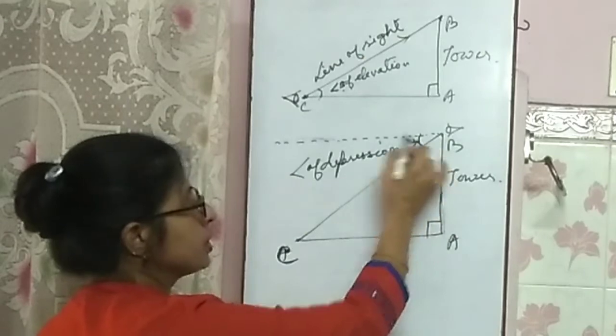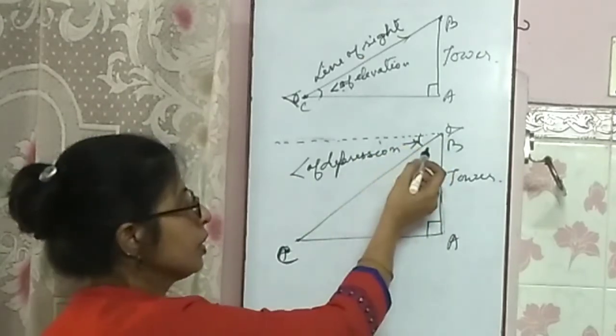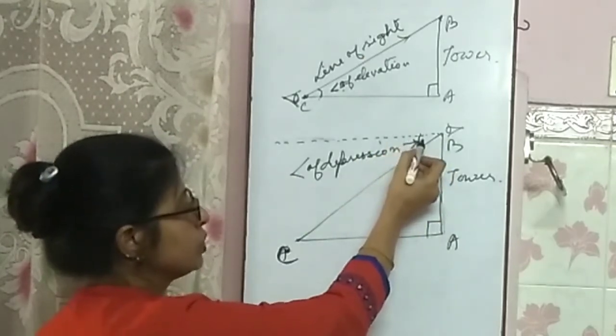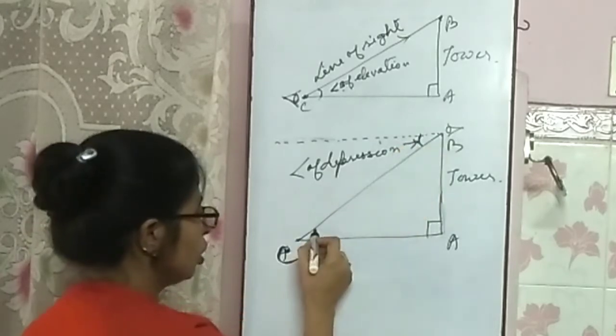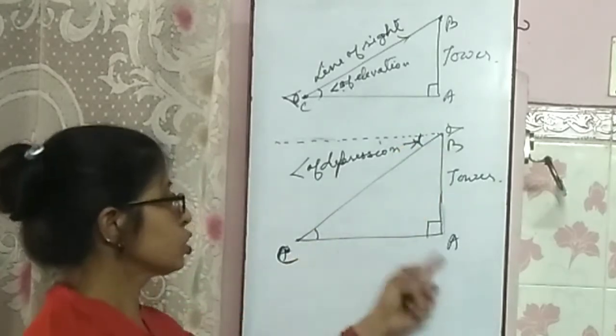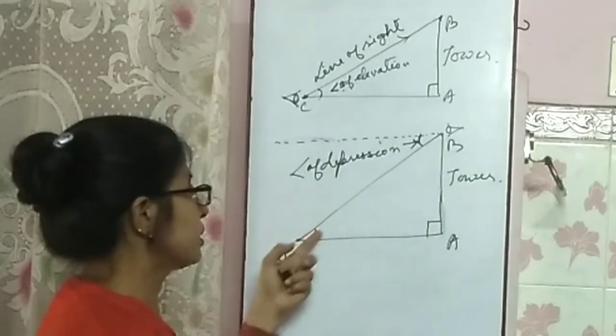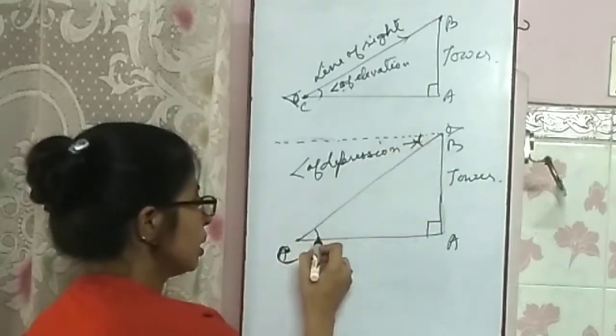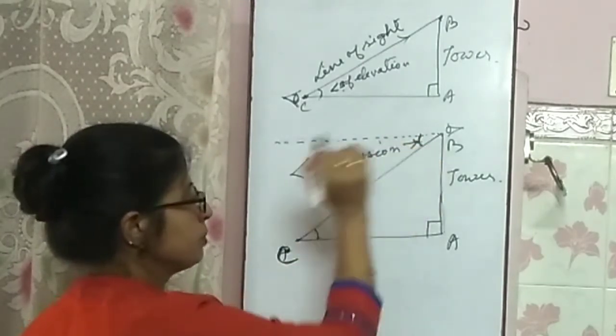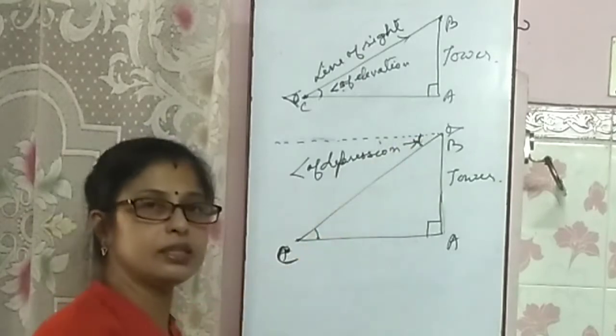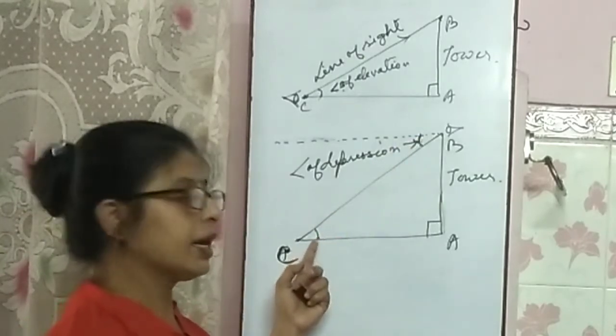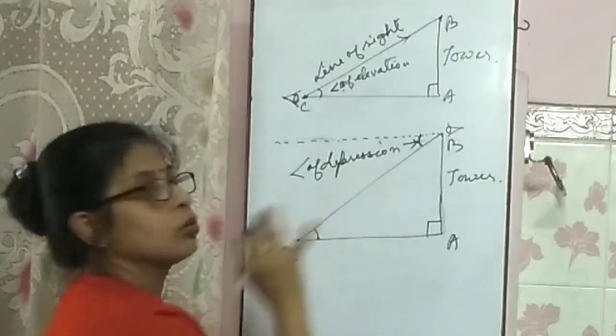And in practical conditions, this angle is always equal to that, since these two are parallel lines and it's a transversal, so this angle is equal to that angle. So whatever the measurement of this angle would be, we can consider the same angle at this point C for calculation.